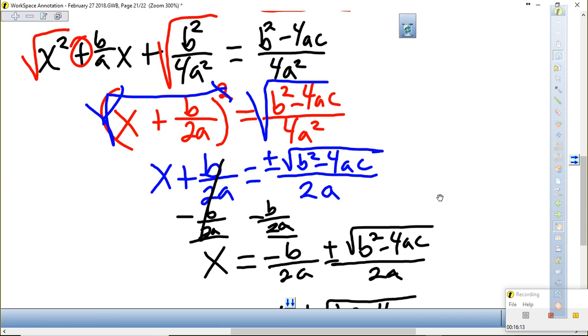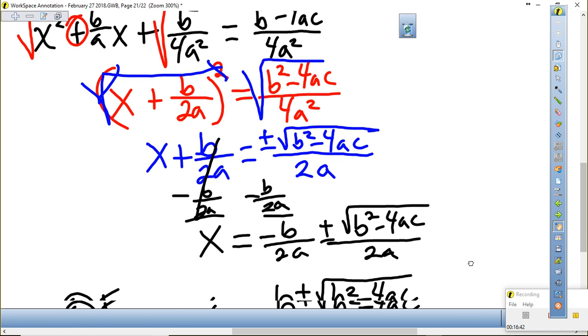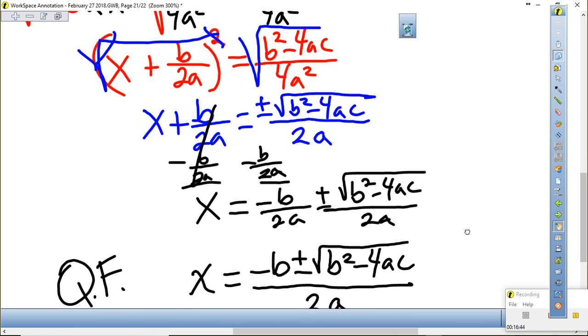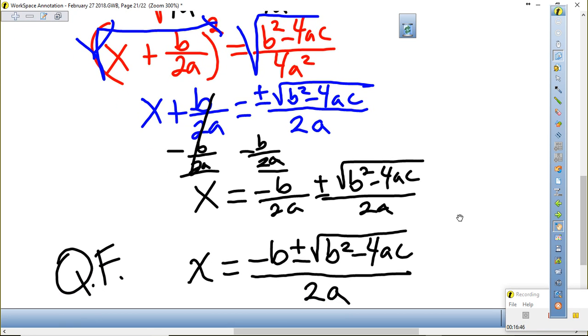Everybody ready? Okay, I'll pause it for a little bit. Copy that, and then I'll scroll it up a little. All right, let me scroll up. Right there. And that's the last part. Copy that.